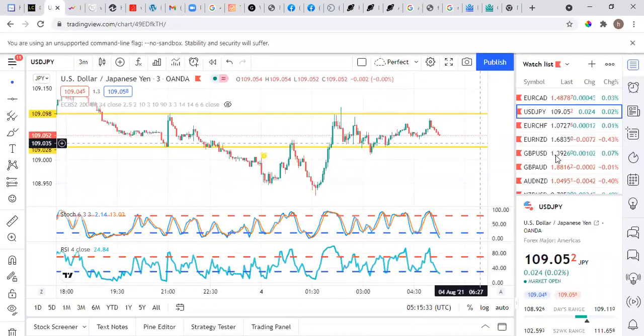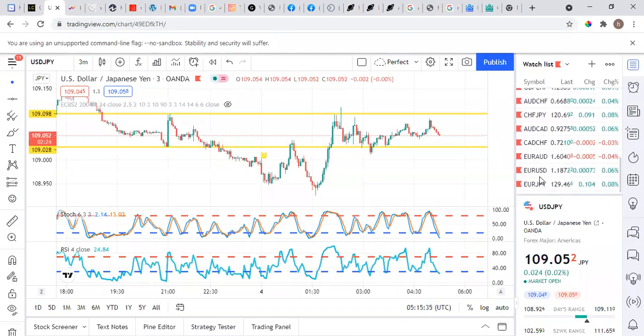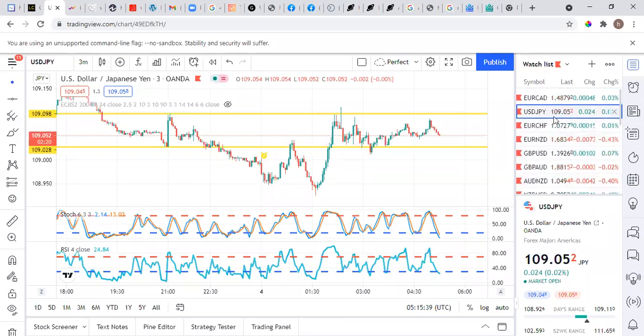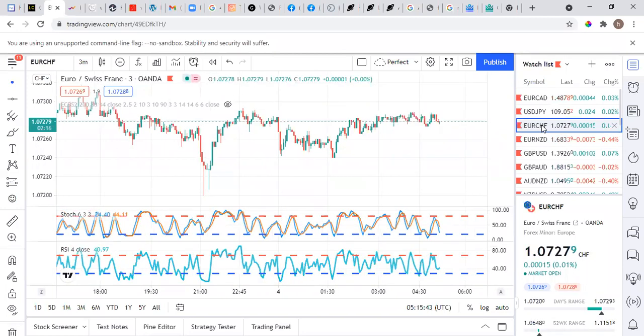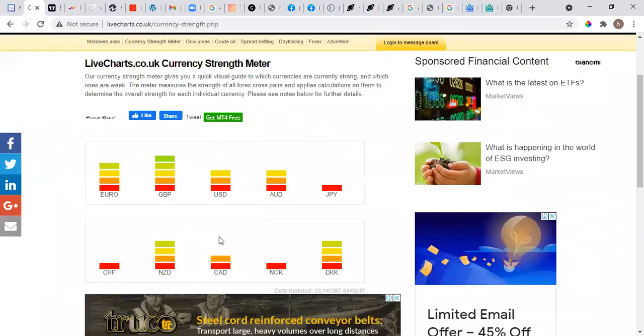I want to shift those currencies up. Then USD JPY. So I prefer those currency pairs.